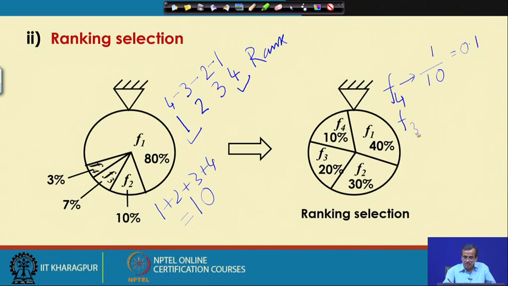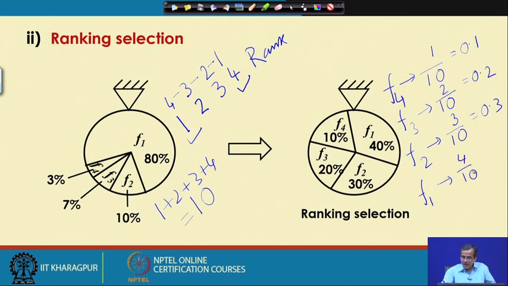Then F3 has rank 2, divided by the sum of the rank values, so this is 0.2. Similarly, F2 has rank 3 divided by 10, that is 0.3. Then comes F1, that is 4 divided by 10, that is 0.4.